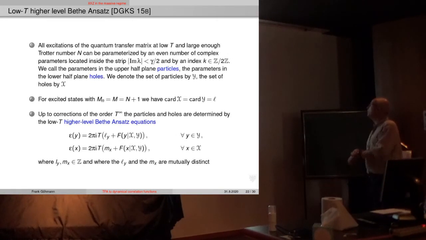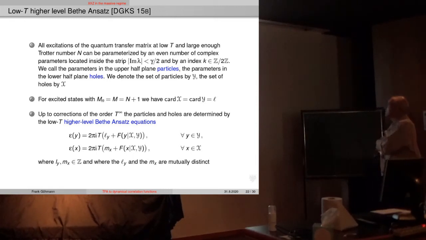Then, this is what we learned in one of our old papers about the spectrum. What I said, there are no strings. All excitations of the quantum transfer matrix at low T and large enough Trotter number can be parameterized by an even number of complex parameters inside some fundamental strip. The strip is now of width gamma, and by a topological index K, and we call the parameters in the upper half-plane particles and the ones in the lower half-plane holes, just as before.